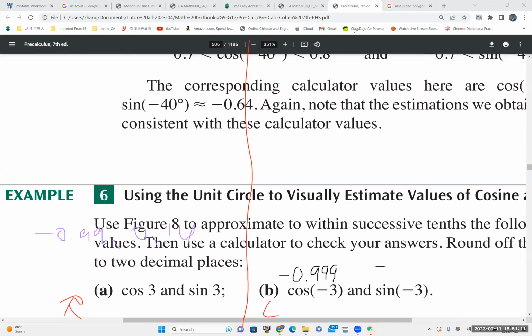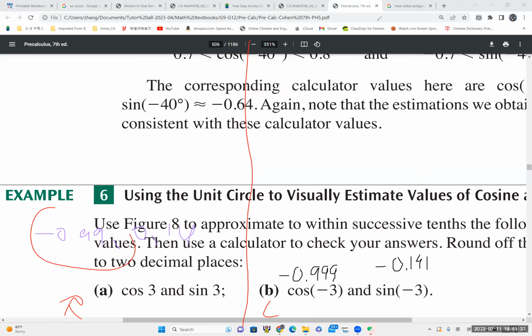If it's degrees, we'll show a small circle on the top right side. But without this small circle, it just means radians.